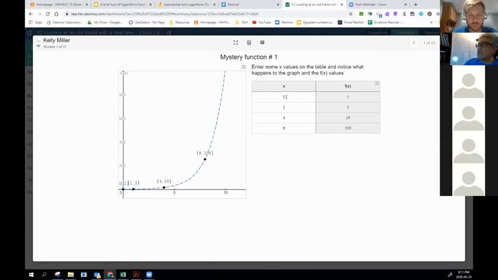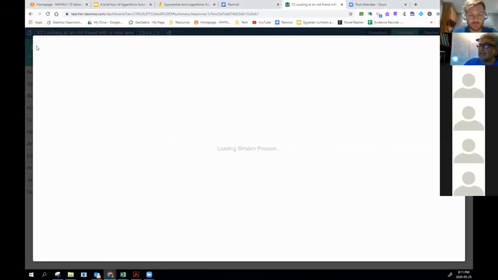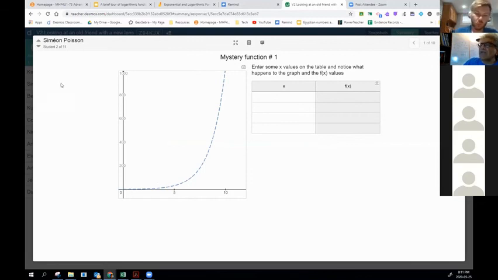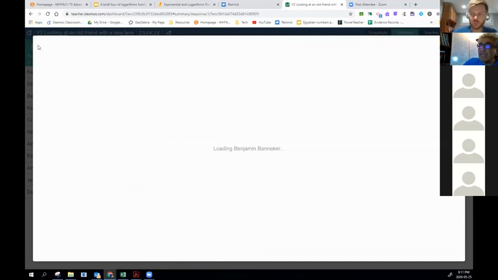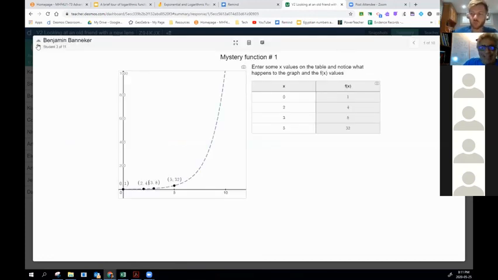This person went 0, 1, 4, 8, and then there's a connection here. But the first thing that I want you to look at is the graph. Some of you may recognize what type of function this represents. So take a look at, can you establish a connection?